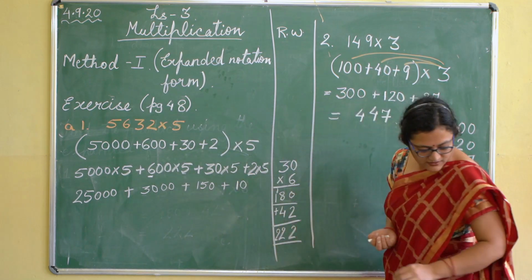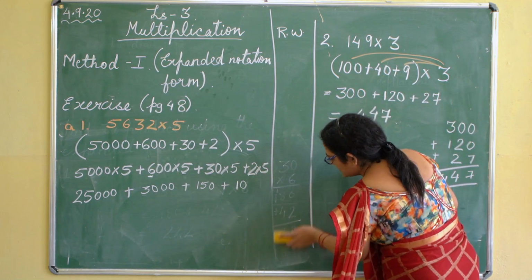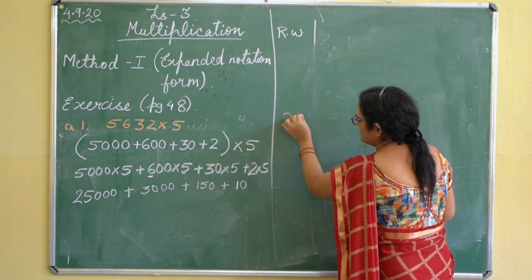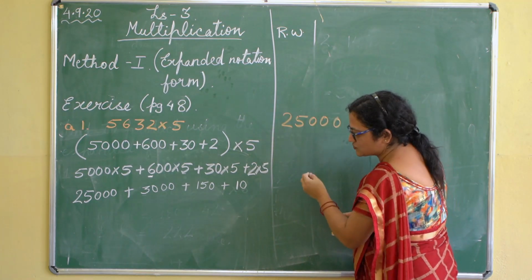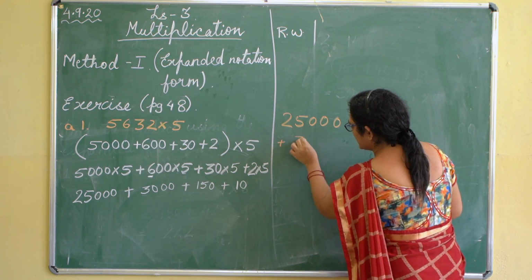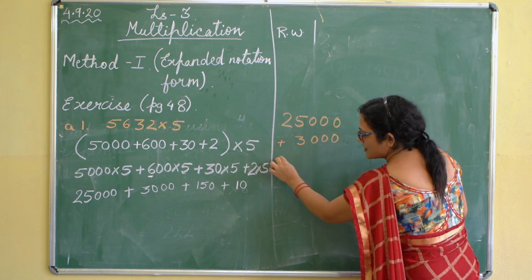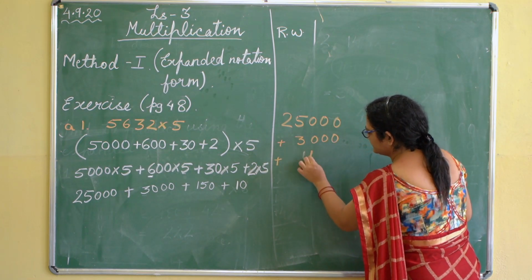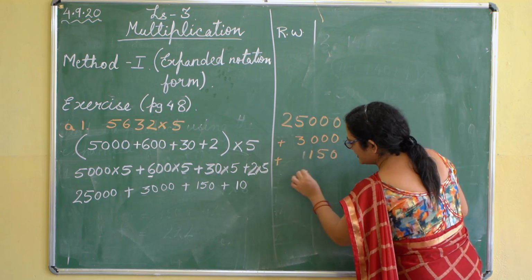Now we will add all these: 25,000 plus 3,000 plus 150 plus 10.